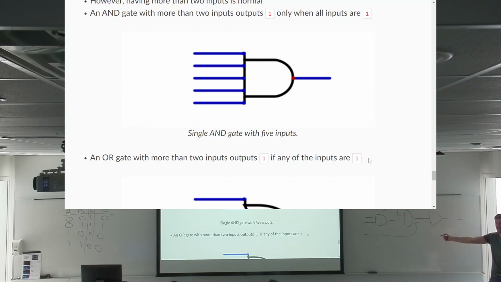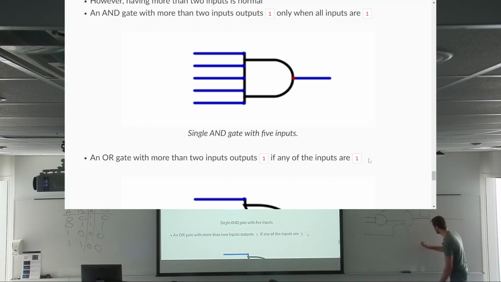There's a 5 input AND. Okay? Now you may be wondering, could we have done something like this? What's the answer to that? Could it be that? Sure. It doesn't matter, because the order in which we do ANDs doesn't matter. If they're all ANDs, it's entirely fine.